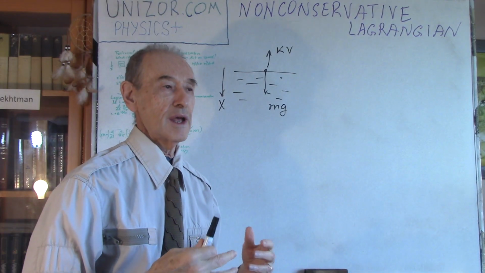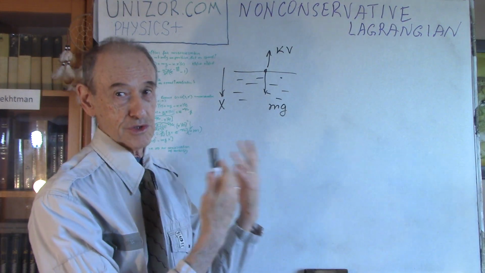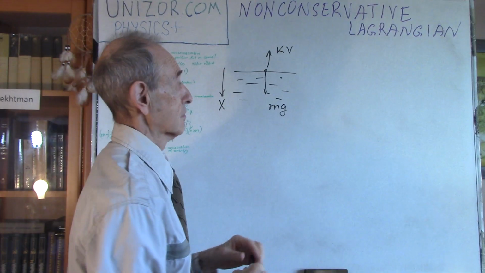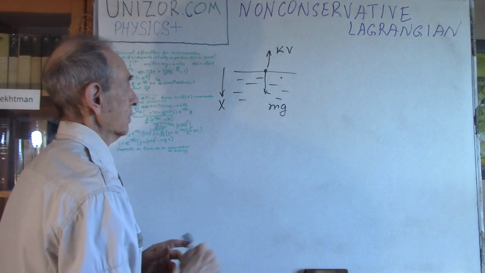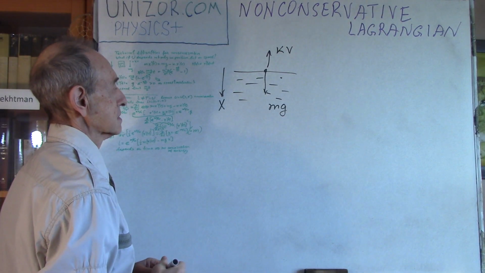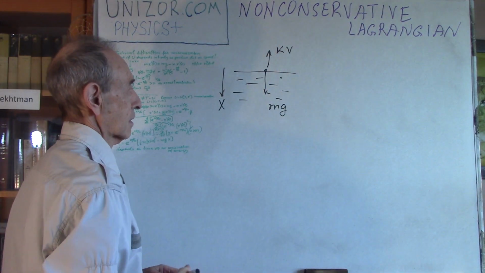The Lagrangian is good in complex systems. This is a simple one, but it's just an example to show how the Lagrangian would work in the non-conservative case. So, simple case: we have two forces along the same line, the x-axis. This is the positive direction, this is the negative direction.